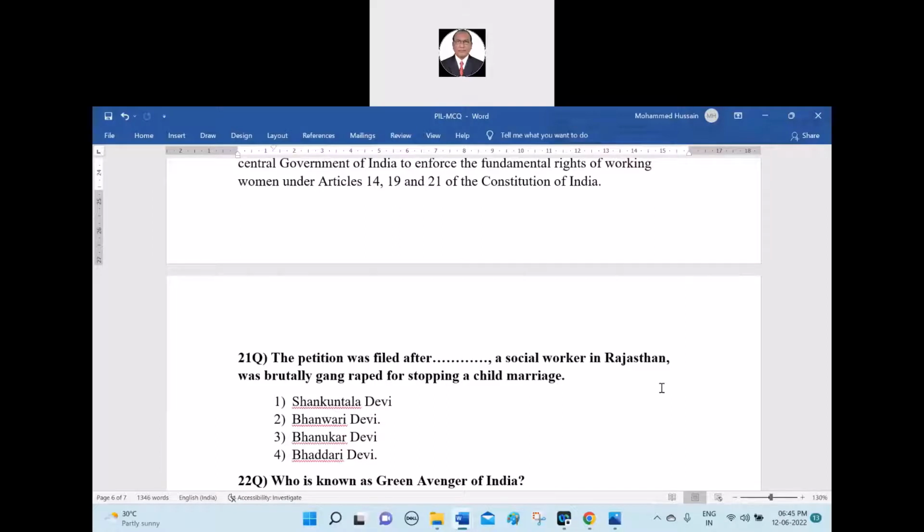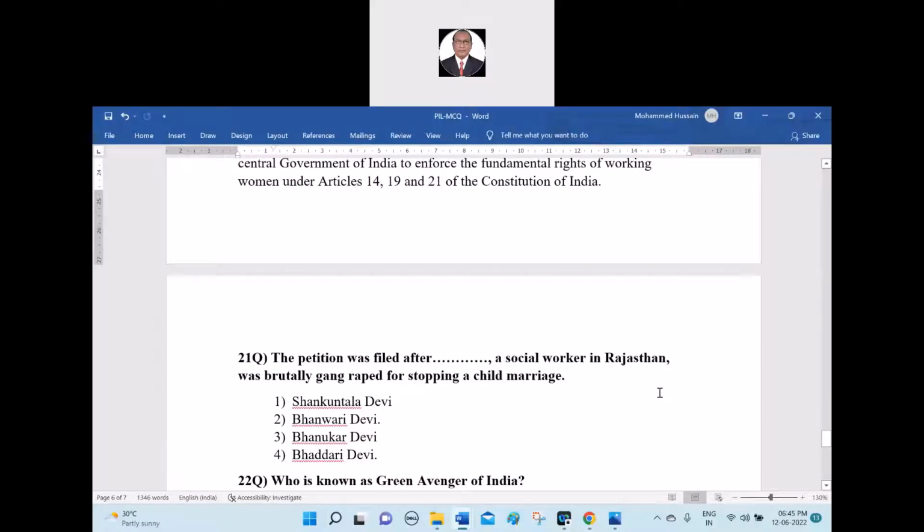Number 4, Bhaddari Devi. Which is the right answer? Banwari Devi is the right one. Second one is the right answer. It is Bhanwari Devi, BHANWARI DEVI. That is the social worker.